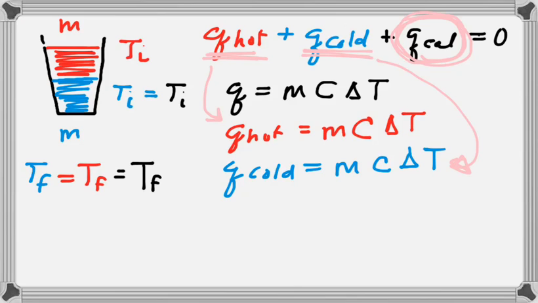And then you can solve that for Q cal, the heat absorbed by the cup, because we know that the three of these things added together have to equal 0. So you're going to need the mass of the cold water, the mass of the hot water, the initial temperature of the hot water, and the initial temperature of the cold water, and the final temperature, which is the temperature of all three.